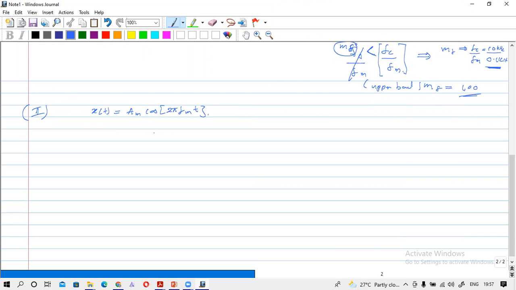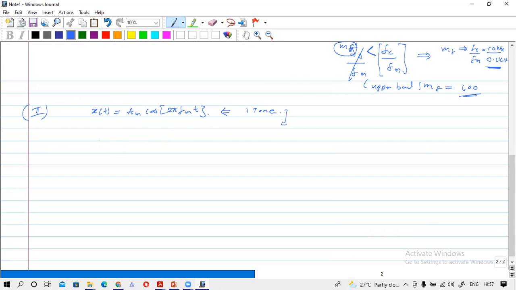Okay. So this is only one sinusoidal signal. So this is called one tone. This is one tone modulation. Okay.